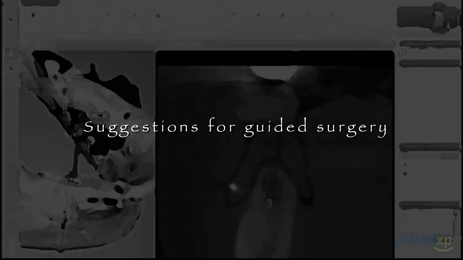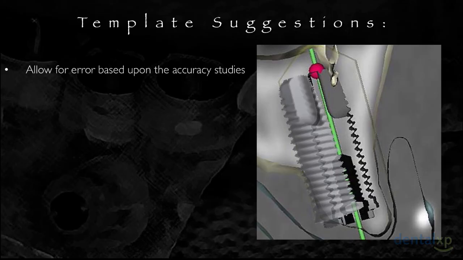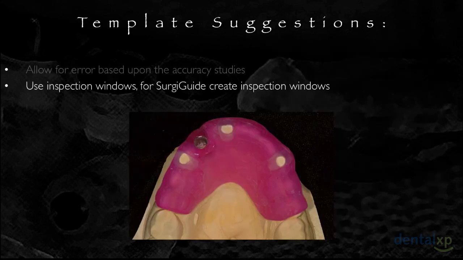Well, as we look at all of this, I have a few suggestions, especially for guided surgery and CAD/CAM templates. We want to understand those studies and look at how much we need to allow for error. Because of these systems of transfer, are you as accurate as possible? We need to understand the three-dimensional aspect and allow for those possibilities of error, especially at the apical dimensions.